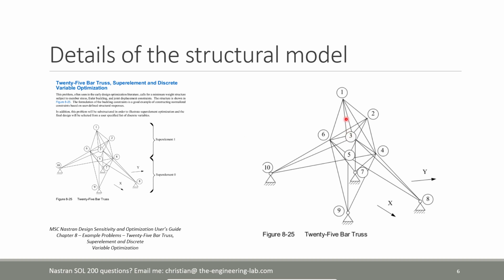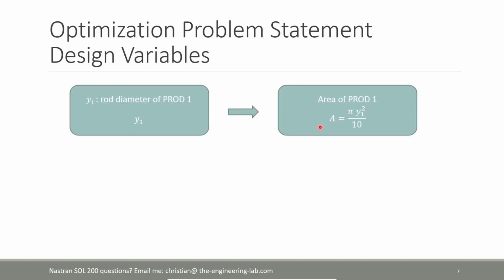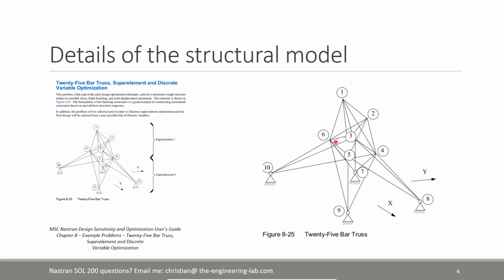So now moving on, let's talk about our optimization problem statement. If you look back on the previous slide, we are using one-dimensional elements. One thing to keep in mind with these one-dimensional elements, the cross-section, if you will, is not explicitly defined with dimensions of a cross-section.